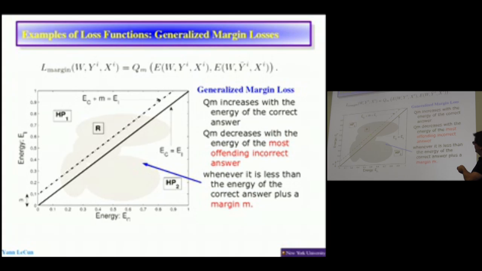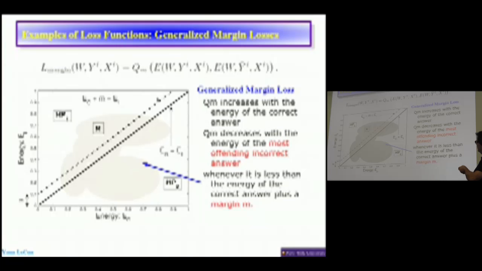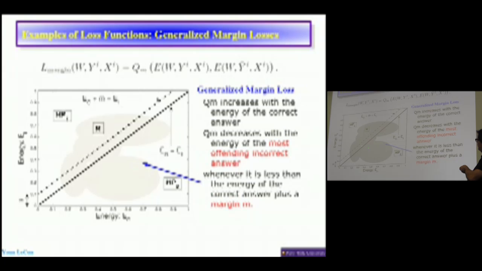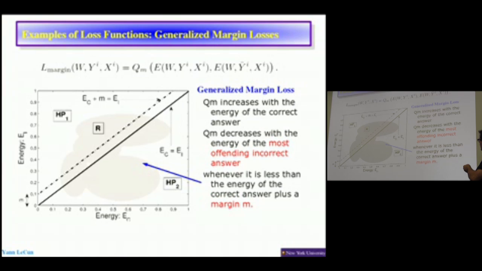Okay, so here, to get the lowest loss, the energy of the correct answer has to be lower than the energy of the incorrect answer by at least m. So m is just the distance between these two lines. And the only thing you need is that when you are on this side, the loss function increases. Okay, so that when you do gradient descent or whatever, the system is going to push you towards this region. Right?